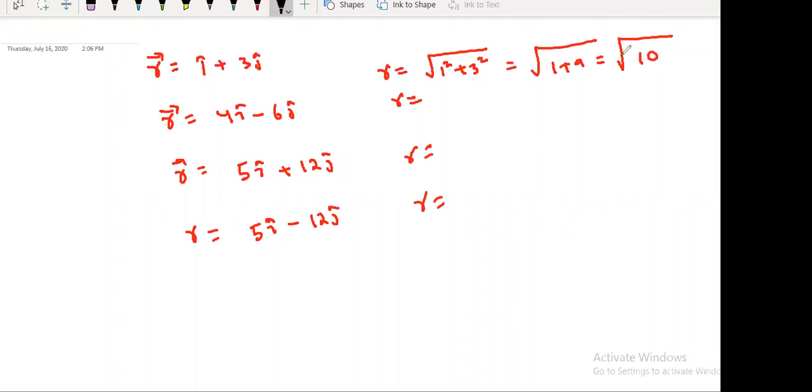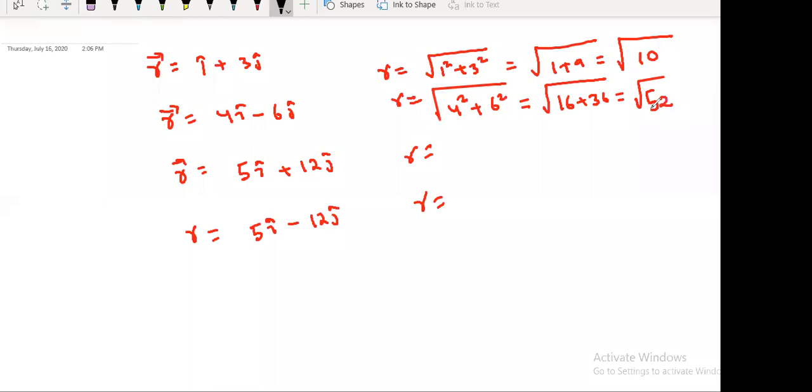Very good. पहला सबका हो गया. Second one, tell me. Root of 4 square plus 6 square, right? Which is equal to root of 16 plus 36 equal to, बताओ, root of 52.